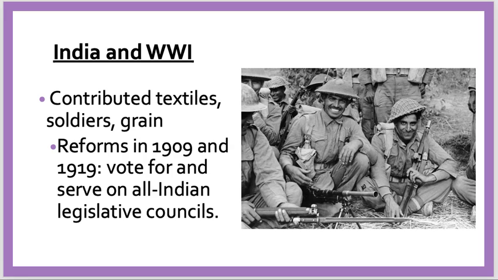So, for example, the Morley-Minto reforms of 1909 provided Indians opportunities to vote for and serve on all Indian legislative councils on the local level. And the Montagu-Chelmsford reforms of 1919 will give Indian legislatures increased control over those councils, right? So headed towards self-governance on a local level.